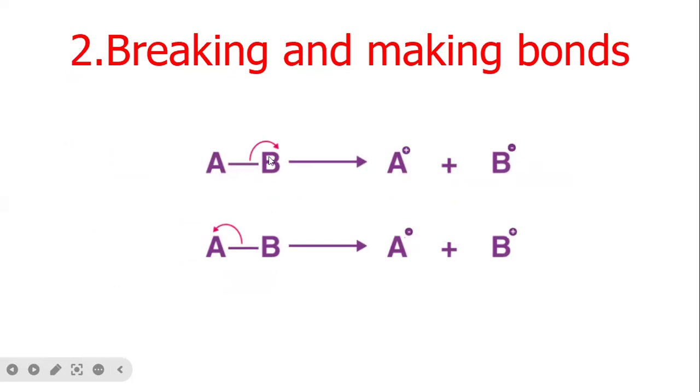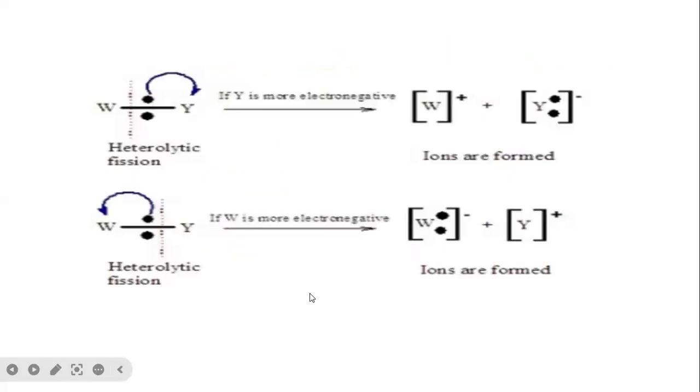Breaking and making bonds in the reaction mechanism: bonds may be broken or made. For example, these are breaking bonds. In this example, the B atom has higher electronegativity than A. That's why B has the negative charge and A the positive charge. Similarly, if A has higher electronegativity than B, A is negative and B is positive.